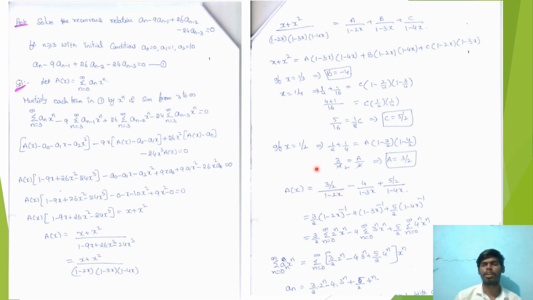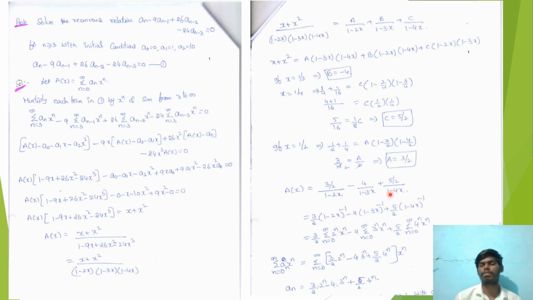When it is in the form of 1 by 1 minus x, we write it as summation of n is equal to 0 to infinity of some constant value to the power of n into x to the power of n. Similarly, here we convert these into the same format: 3 by 2, which is a constant, cannot be changed, then summation along with this A value, which is 2 to the power of n and x to the power of n.